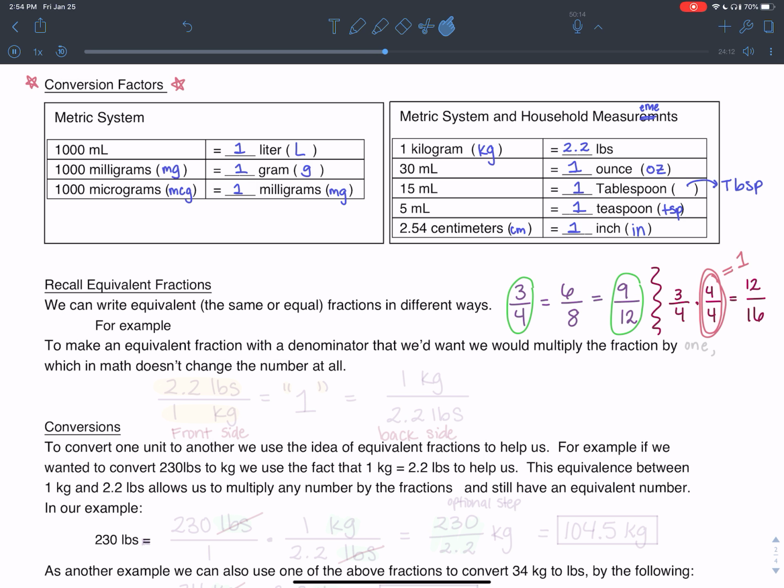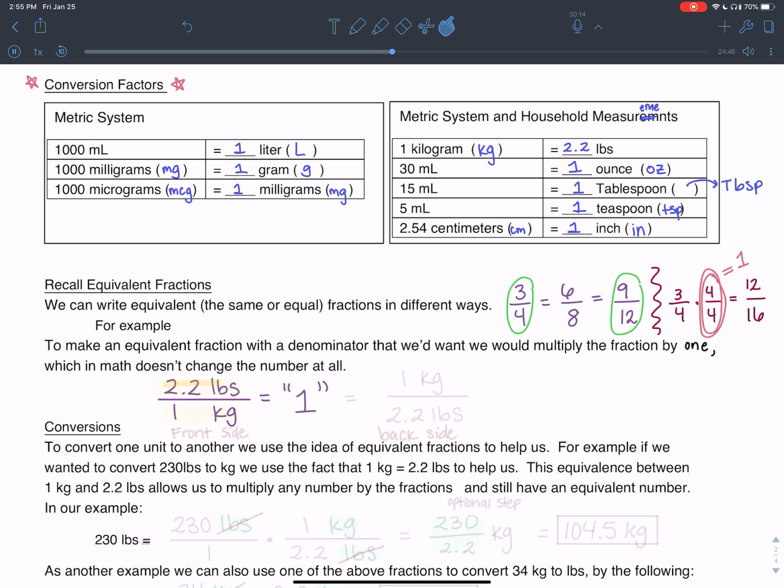We always want to write the units. 2.2 pounds over 1 kilogram is actually equal to 1. I know it doesn't look like it, and I know if I divide, I'll get 2.2. I'm going to put this 1 in quotes. This is 1 because 2.2 pounds, why isn't this working?